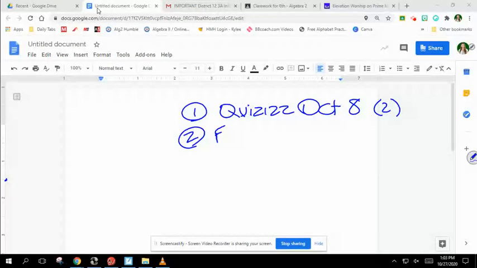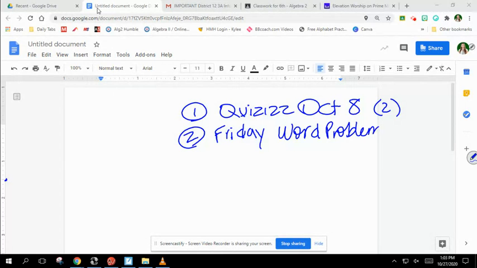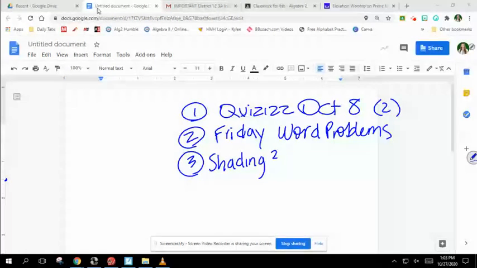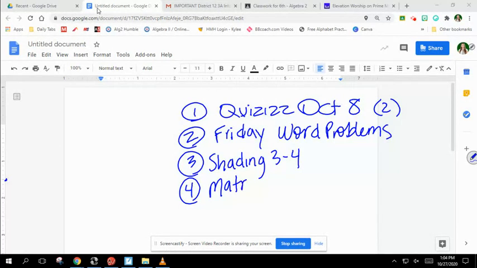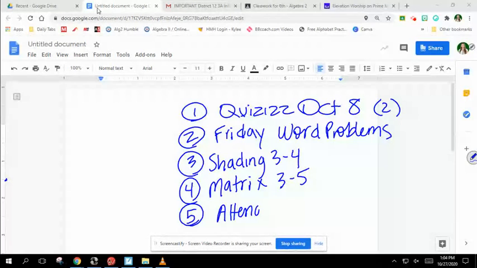The second thing was Friday's, the 23rd, the word problems for Unit 3. There were 6 of them. The third one is the shading, which was yesterday, 3-4. Fourth grade you'll see is the matrix, which is today, 3-5. And then the 5th thing will be an attendance check.